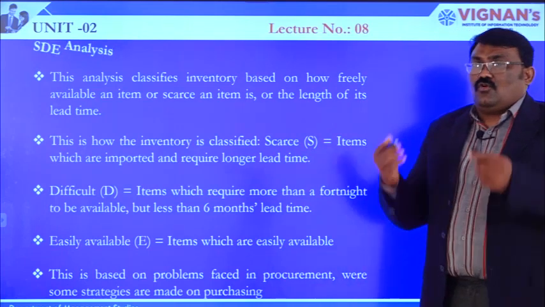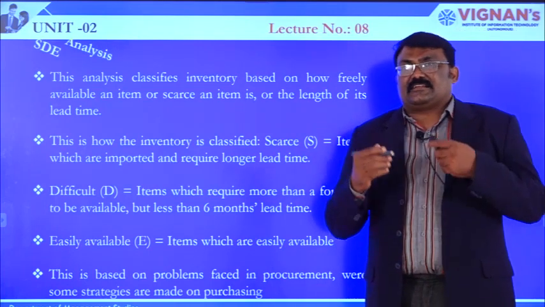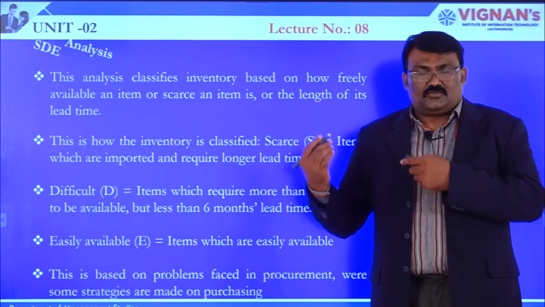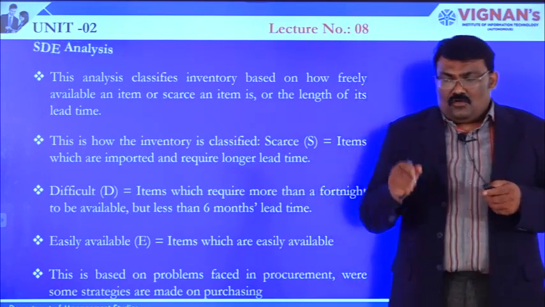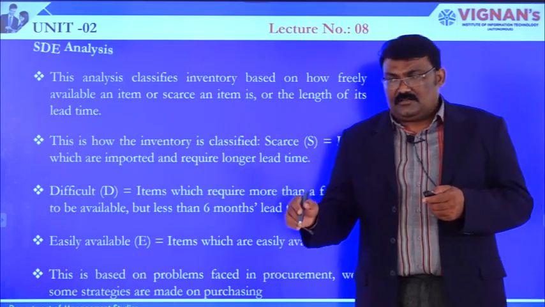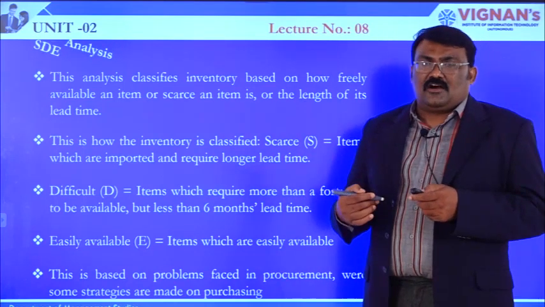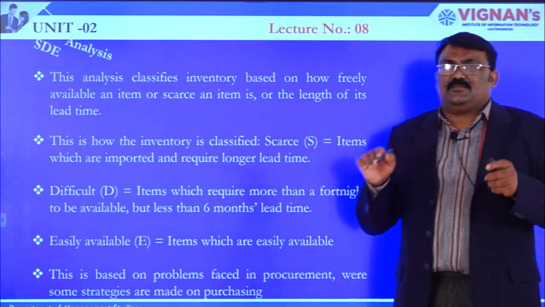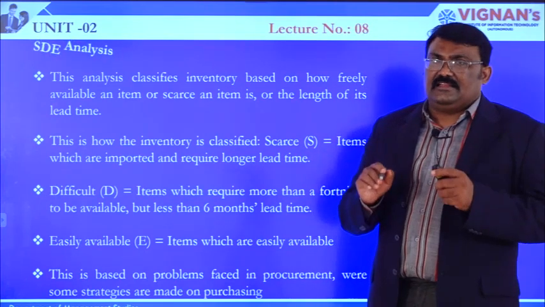So, to what extent the lead time is taking to get the raw material when we order, that is the lead time. So, what is lead time? Once you have placed an order, how much time it takes to get that order, that time duration is called lead time.